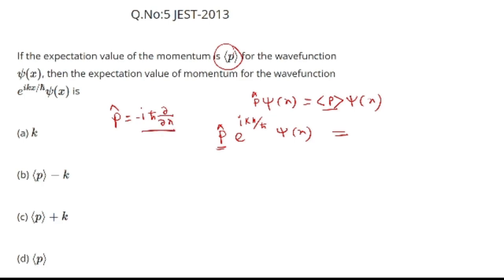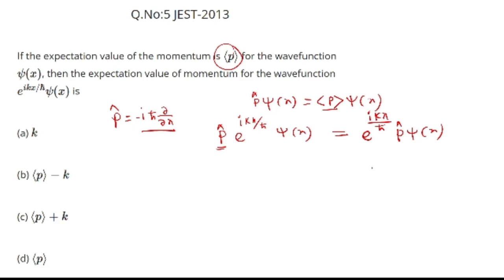This is an operator, so operate it like by parts, u into v, and we get the exponential part as it is, and the derivative of psi of x, since p operates on psi of x only.